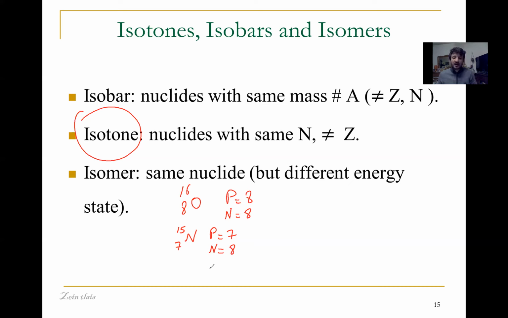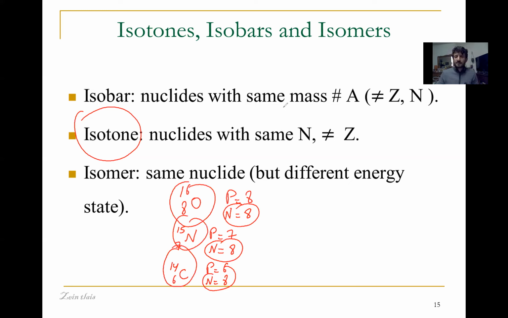And also we have the carbon C, 14, 6, P equals 6, and N equals 8. As you see, we have the same neutron number. We say these elements are isotones, okay?